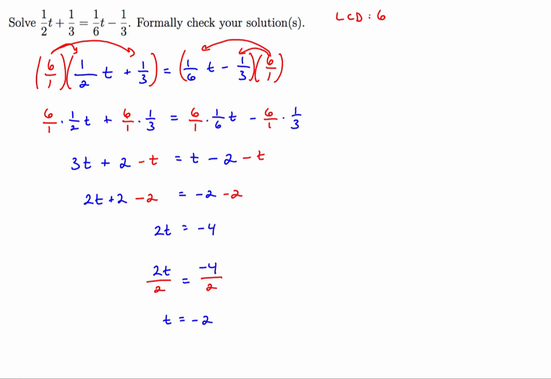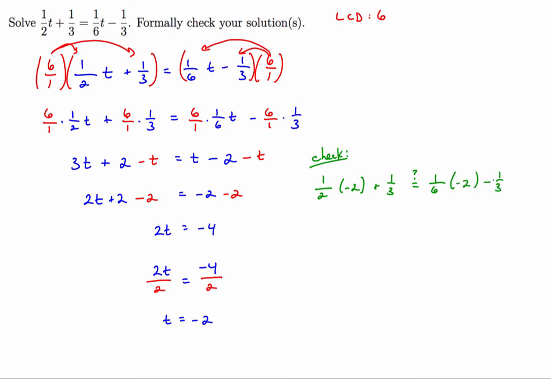Again, to check my work to confirm this actually is the solution, I will substitute negative 2 in for the t. So the equation on the left side had been 1/2 t, that'll become 1/2 times negative 2 plus 1/3. On the right side, it had been 1/6 t minus 1/3, so it becomes 1/6 times negative 2 minus 1/3.